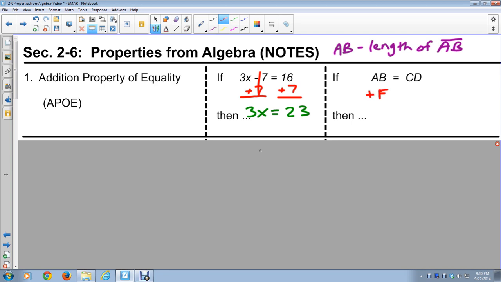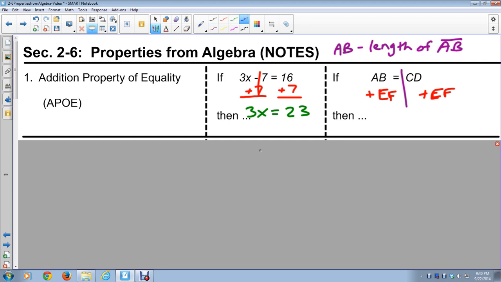So I could take another segment, let's just go with maybe EF, and I could add the length of EF to the length of AB, and I could add the length of EF to the length of CD. Now, if you look at the left-hand side of your equation, you've got AB plus EF. I know that looks very different than x plus y, but if we had x plus y, two different variables, could we combine them? Hopefully you're saying absolutely not. AB plus EF, same thing.